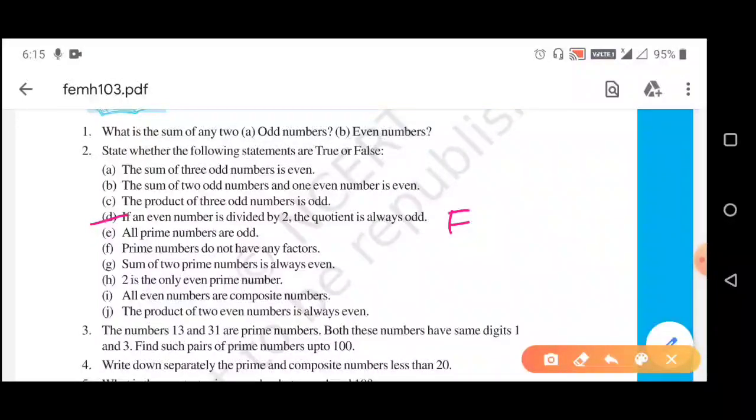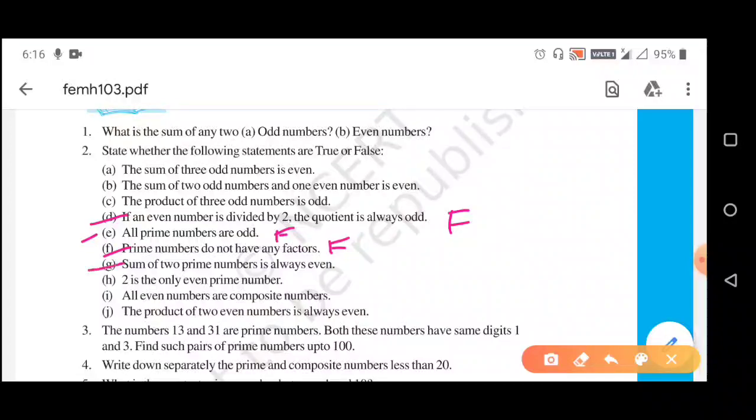Question number E. All prime numbers are odd. This is false because 2 is a prime number, which is an even number also. Question number F. Prime numbers do not have any factors. This is false because prime numbers have only two factors, 1 and the number itself.